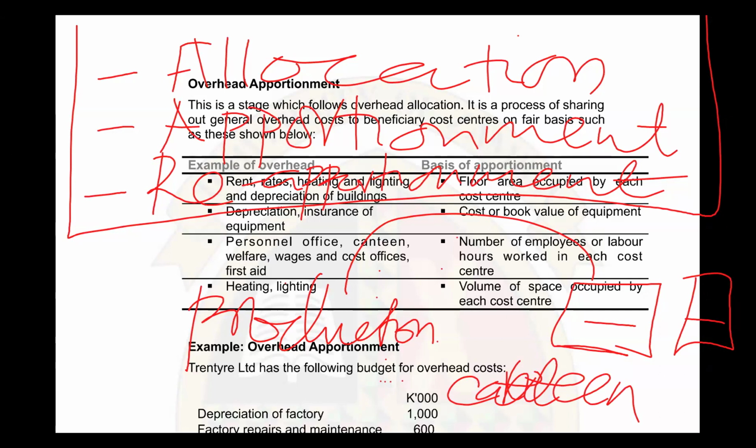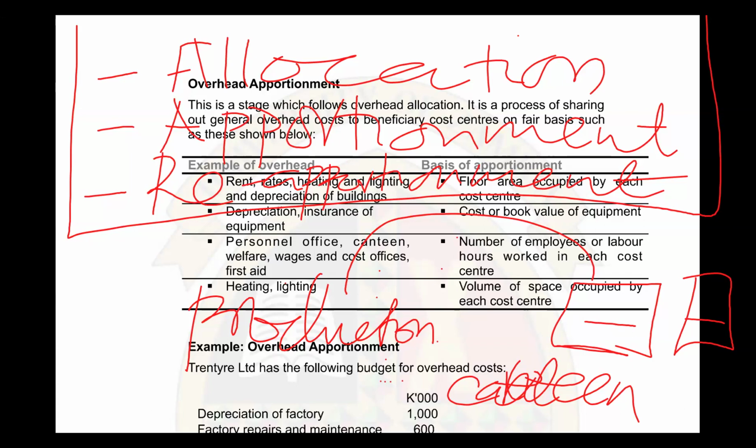It's a service department. But when we are allocating the cost, it may receive some costs. However, at the end of it all, the cost that is in the canteen department must find itself in one of the production departments. That's called cost reapportionment.